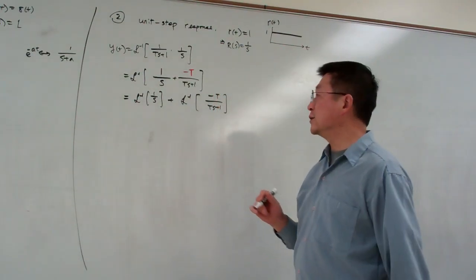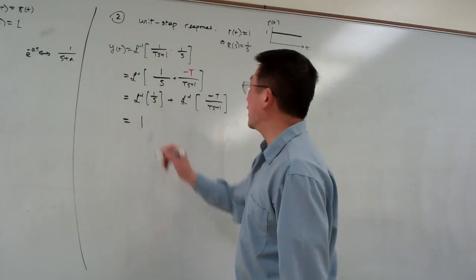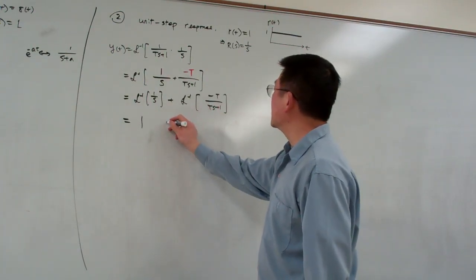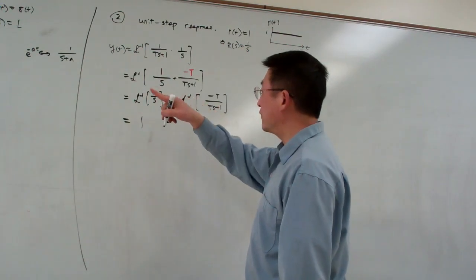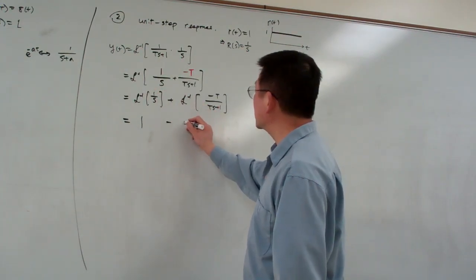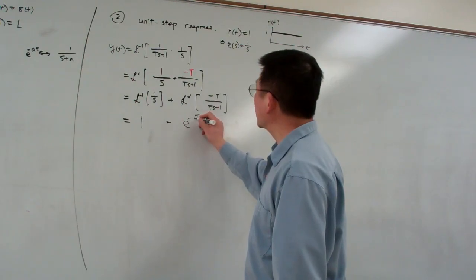The first term equals 1, and the second term equals minus e to the minus t over T, following the previous calculation.